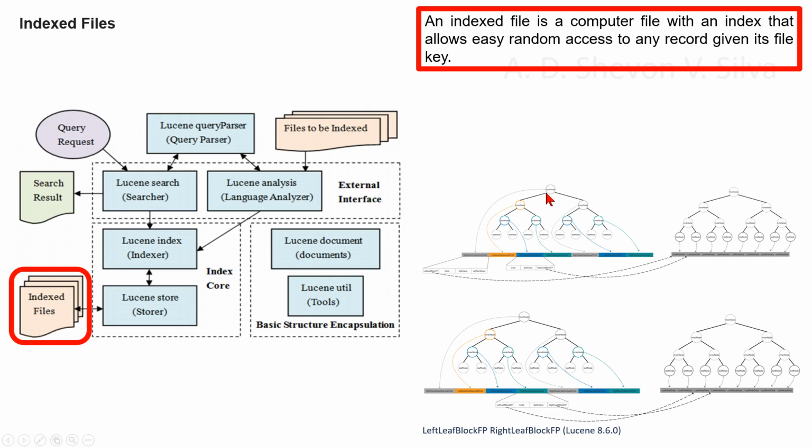Here you can see the root node is connected to the right node, which has no leaf child, and it consists of left leaf block FP, code, split value, and left num bytes. The left leaf block FP is connected to the left leaf node data here.